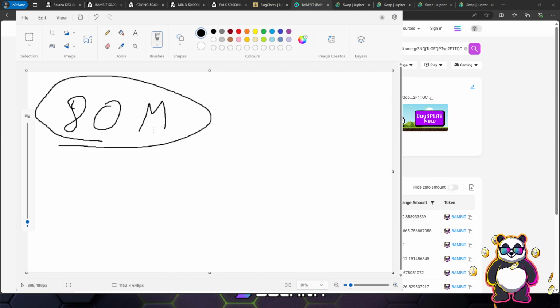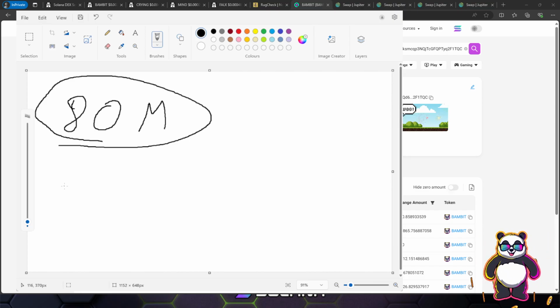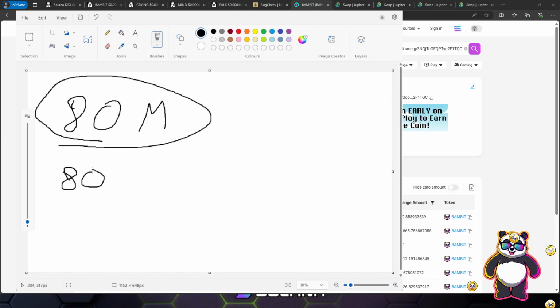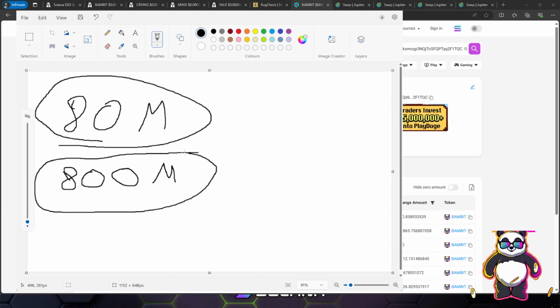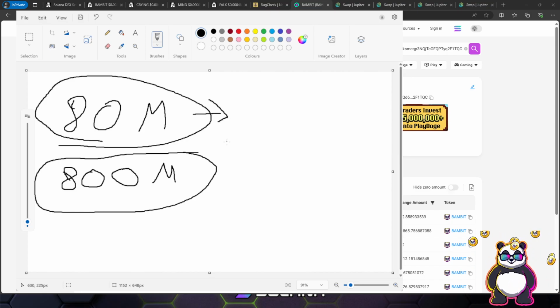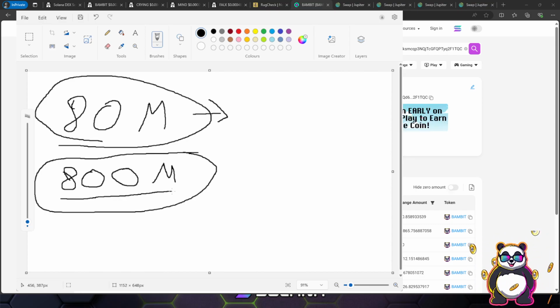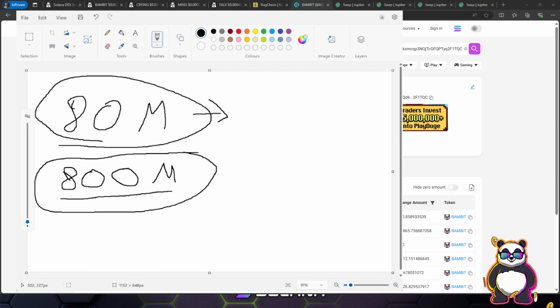And there's some misunderstanding, especially in meme coins. Like if a coin has, let's say, Bambit is 80 million and another coin is 800 million, it means Bambit is going to be easier to push to a big market cap. Basically, most people think that if supply is smaller, it's going to be easier to push that coin, and it's completely bullshit.